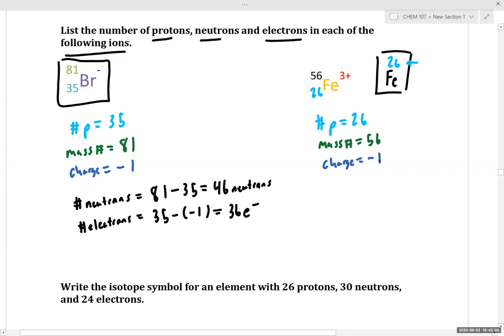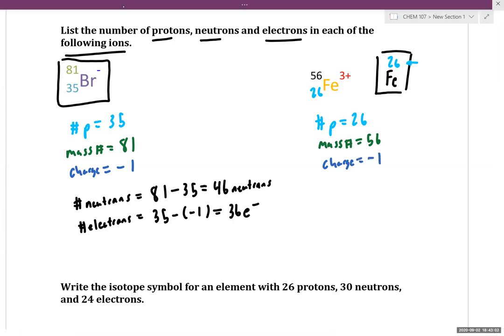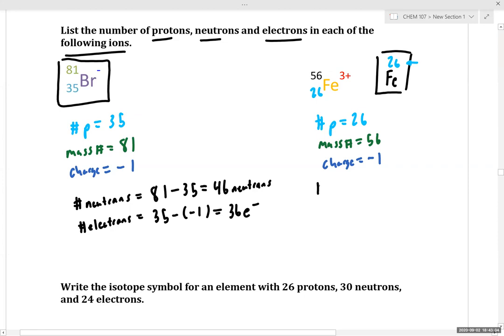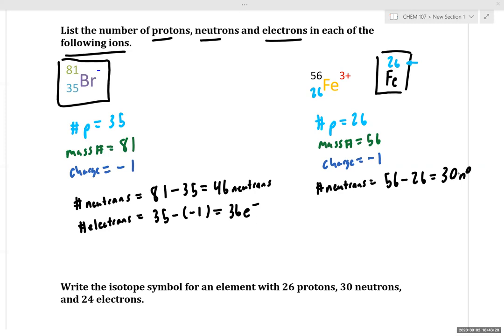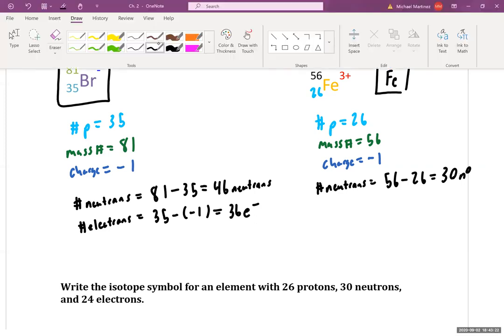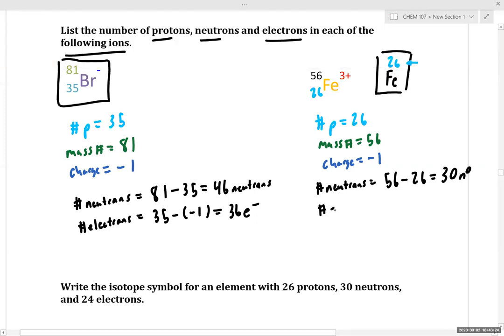And the charge is equal to -1. Looking at the number of neutrons, we take our mass number, 56, minus our number of protons, which gives us 30 neutrons. Next, we calculate the number of electrons.